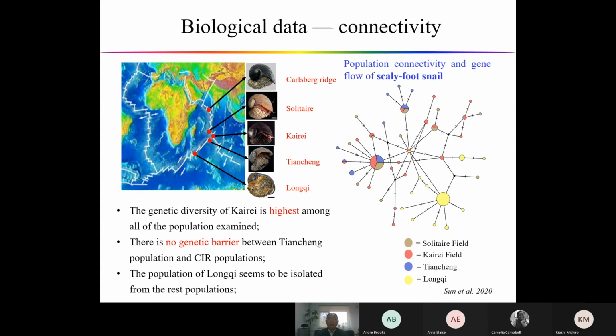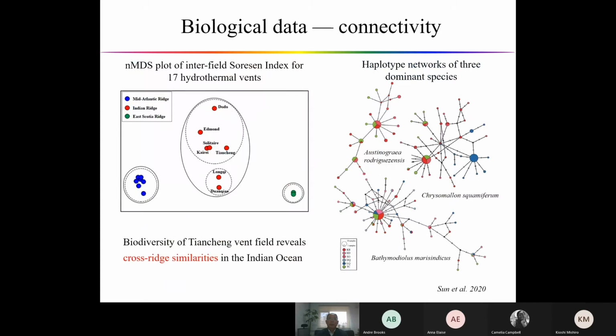The Longqi population seems to be isolated from the other populations. Similar results were found by further haplotype network analysis of the three dominant species. The biodiversity of Tiancheng reveals close regional similarity in the Indian Ocean.